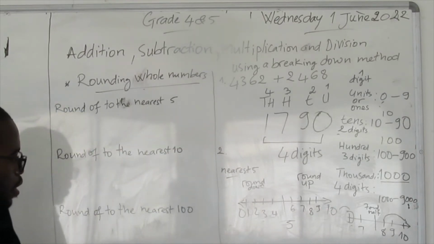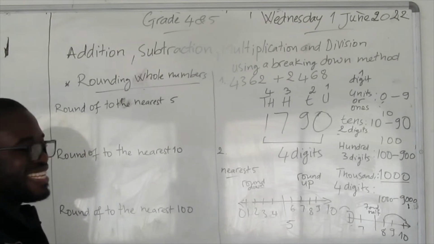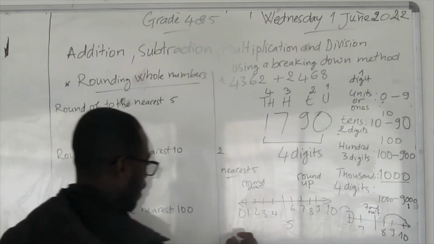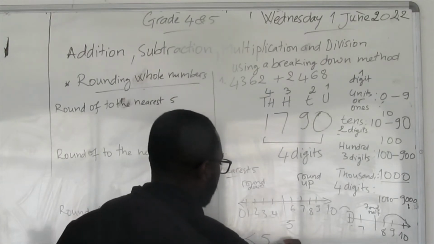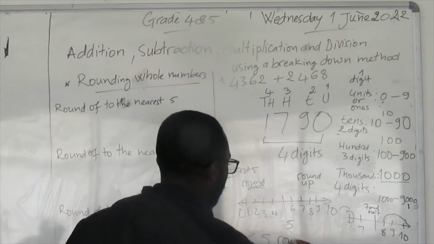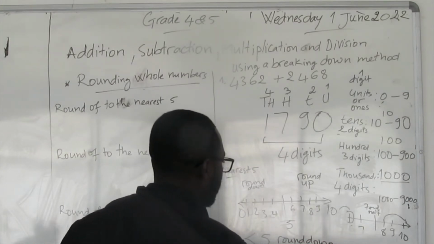Look now. If the number is less than 5, you do what? You round down. You round down where?